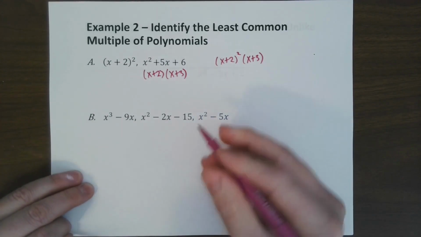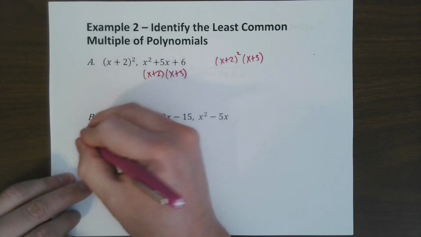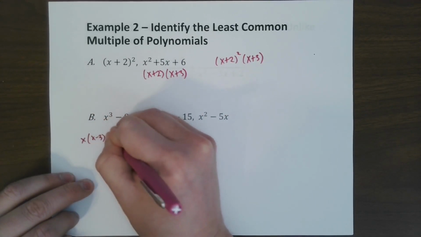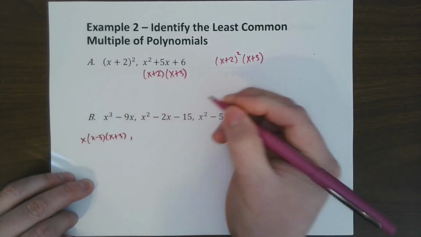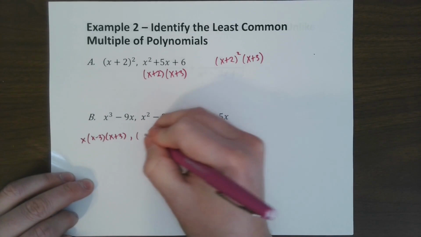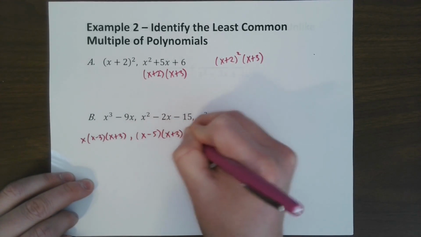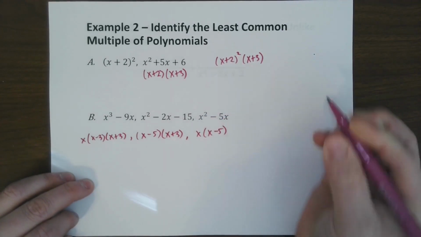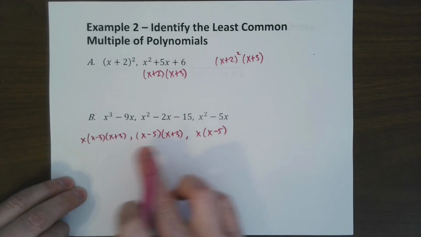So same with this one. We're just going to factor everything. I'm going to show you real quick. So this is x. This would be x minus 3, x plus 3, because of the x squared minus 9 in there. This one's going to be x minus 5, x plus 3. And then this one's going to be x and x minus 5. So what we do is we first see what they have in common.